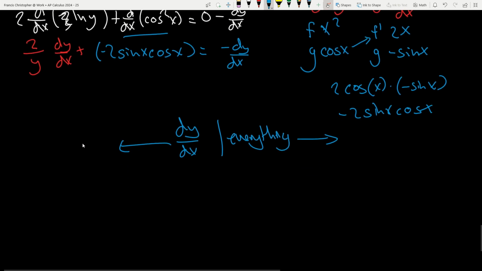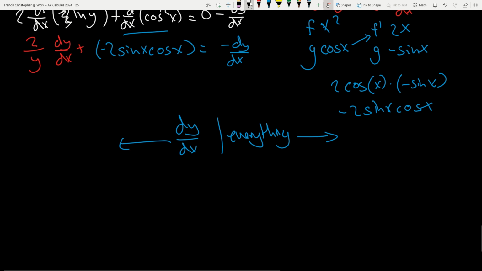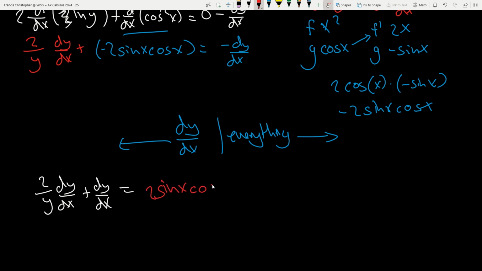So I'm going to start off by having the white terms be dy dx. I'm going to add dy dx here, so plus dy dx. And then I'm going to add 2 sine x cosine x to the other side, and I'll do that in red. So 2 sine x cosine x.